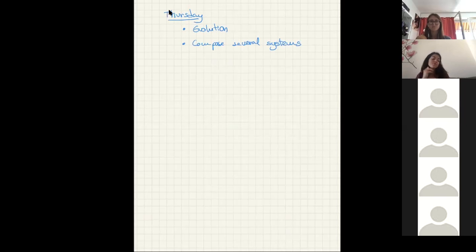And that's when things will get complicated. So first, it's important that you do the tutorial and do really the exercise to make sure that you're comfortable with this. Once we have the evolution and composing several systems, then we can talk about what the measurement means and how we implement the measurement physically.